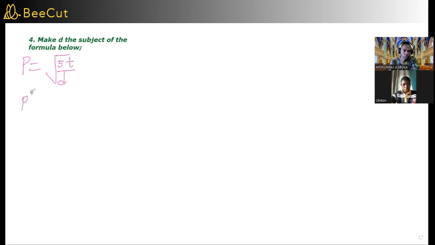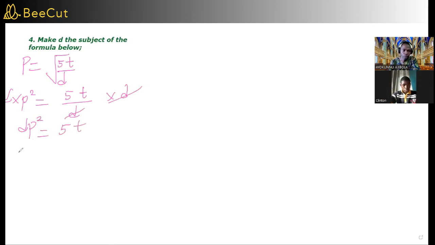Then I have P squared equal to 5t over D. Then D is what I'm making subject of the formula, and D is the one I'm going to remove now because it's under. So I'm going to multiply both sides by D. So this side times D and this other side times D. So here I have P squared times D equal to 5t because D is going to cancel D. So I have 5t.